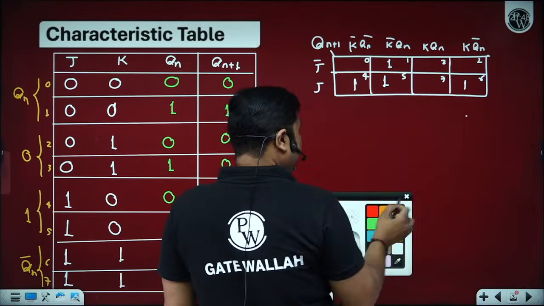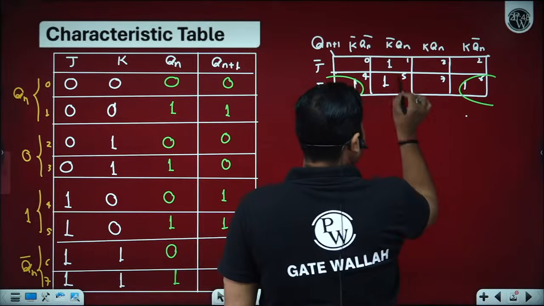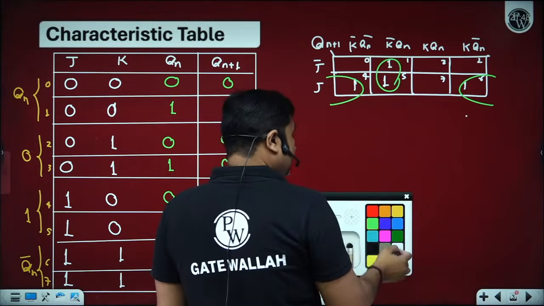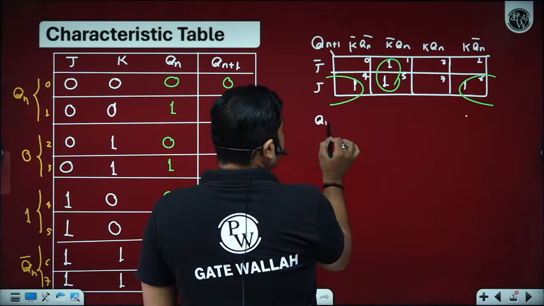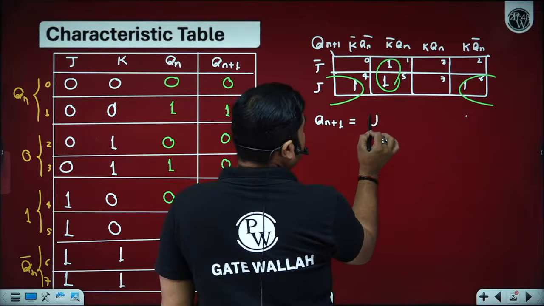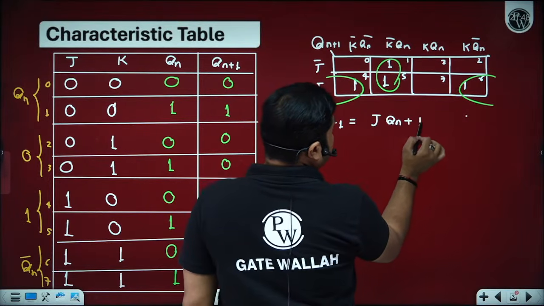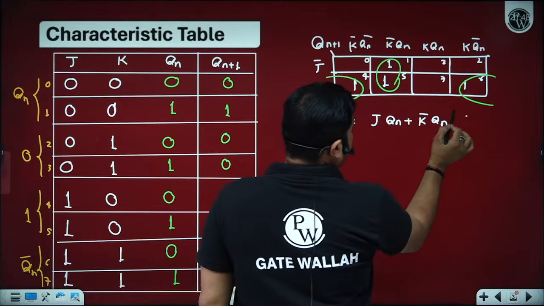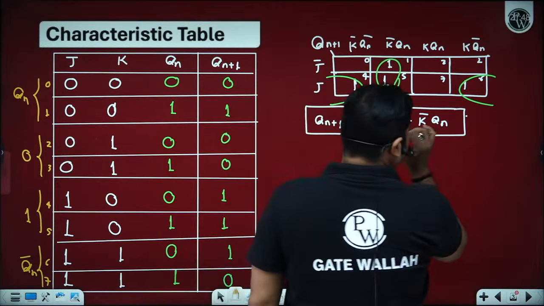So we have this pair and this pair possible as per the min terms. The Qn plus 1 logical expression will become J Qn bar plus K bar Qn. Hoping up to this part all of you are able to recall.